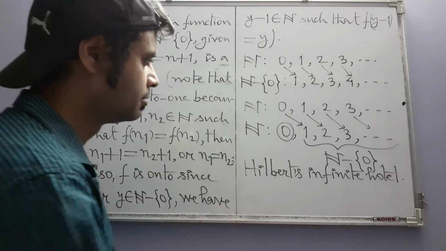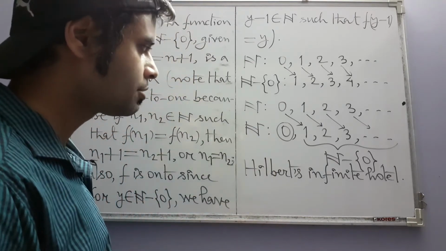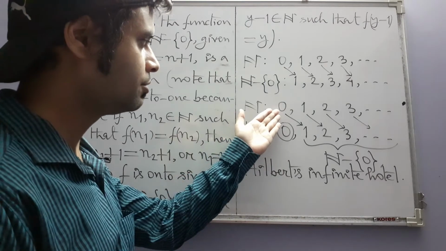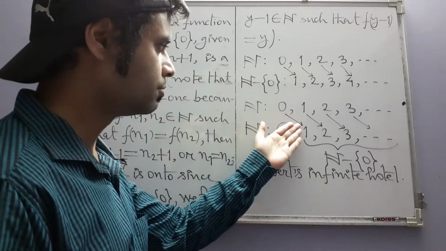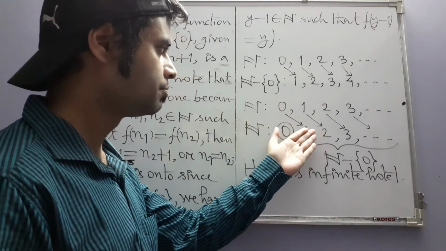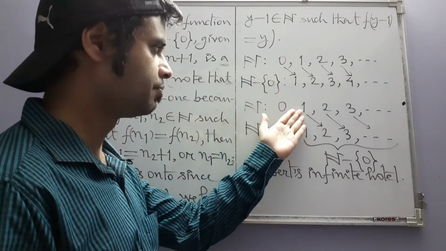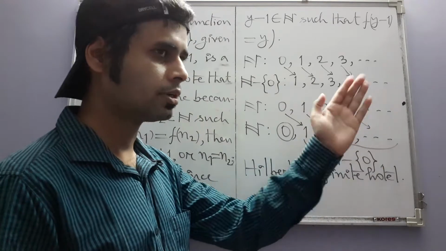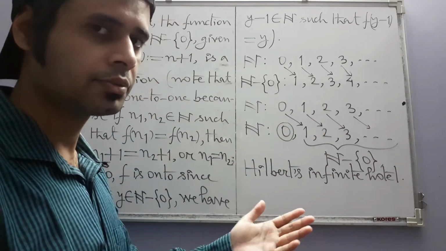And in fact, if infinitely many guests arrive, then also they can be still accommodated. In that case, what you have to do, you have to send 0 to say 2, or say 0 to 1, 1 to 2, 2 to 4, 3 to 6, 4 to 8, 5 to 10.